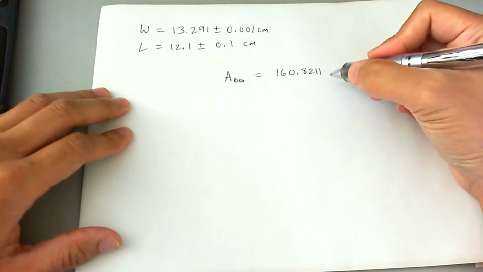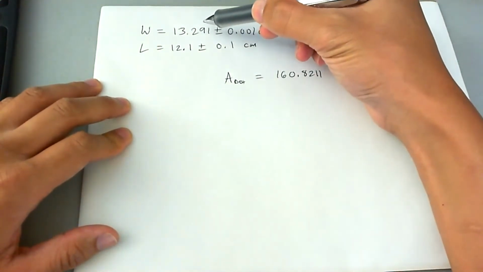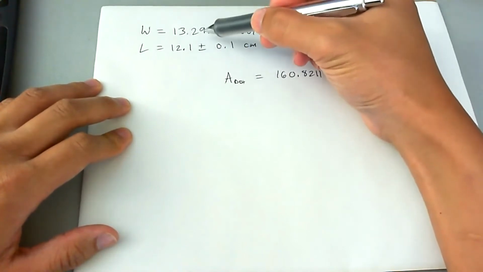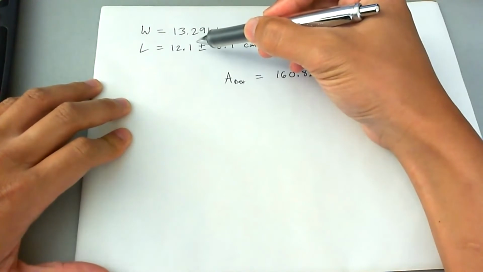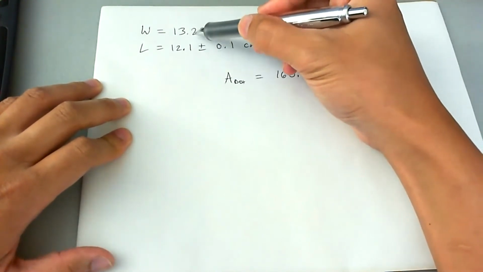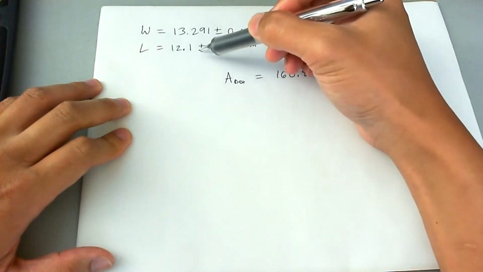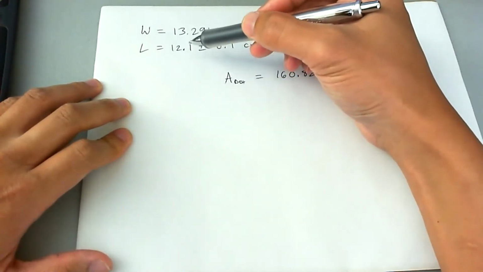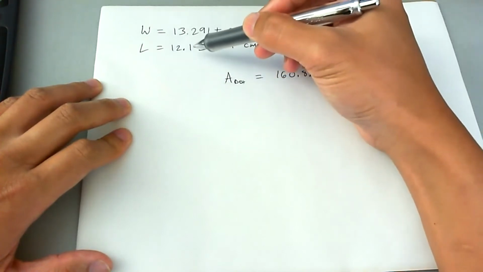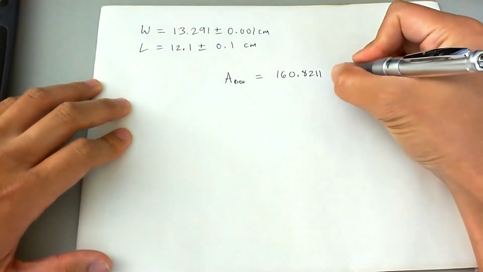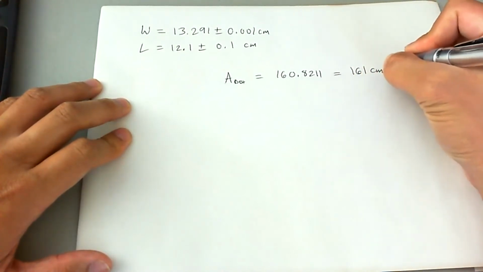Now, with significant figures, propagation with multiplication is such that the answer should have the same number of significant figures as the component with the least number of significant figures. The length has only 3 significant figures, the width has 5. So we will have only 3 significant figures for the answer. The answer is then going to be 161 centimeters squared.